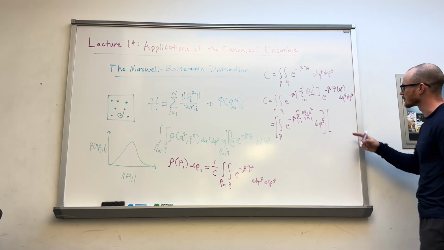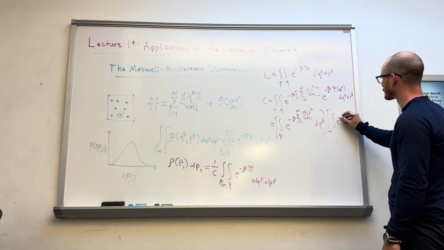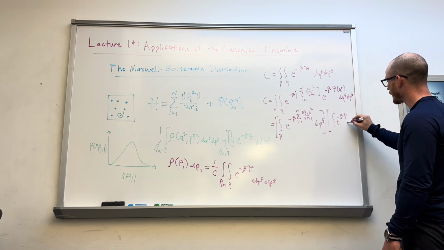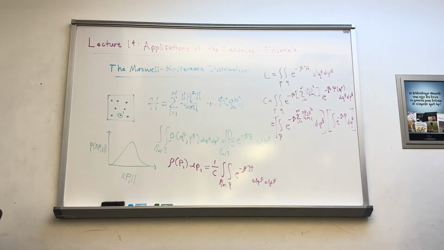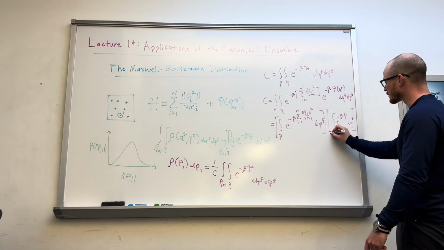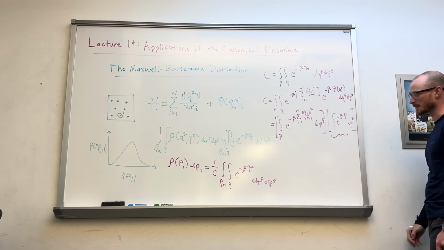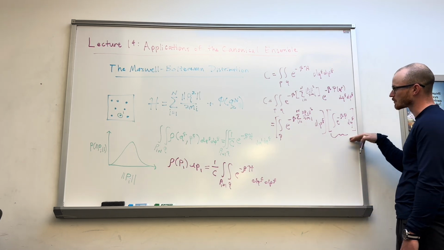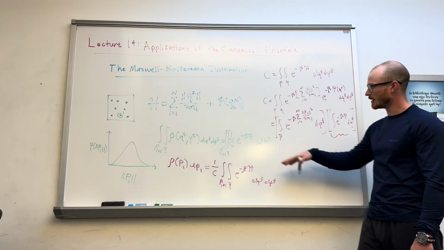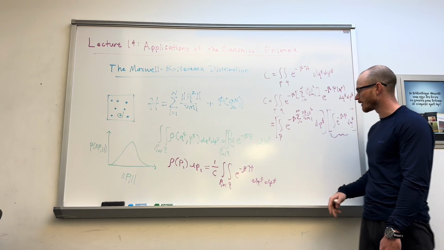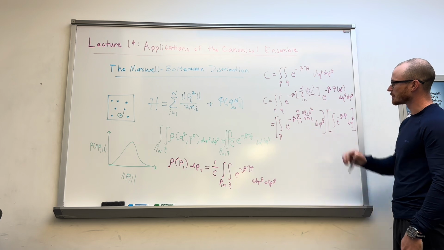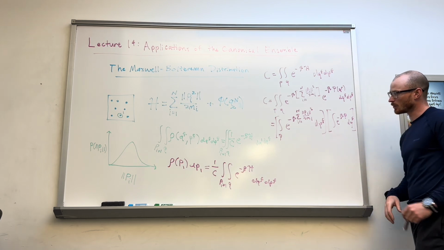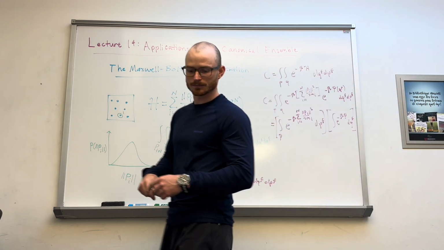Times a second integral, which is this configurational integral, e to the minus beta phi dq_f. Now we're not going to mess with this term. We don't need to do anything else with this guy, because in evaluating the integral in the numerator, this is just going to come out and we're going to be able to cancel it. But this guy is important. So what is this integral?